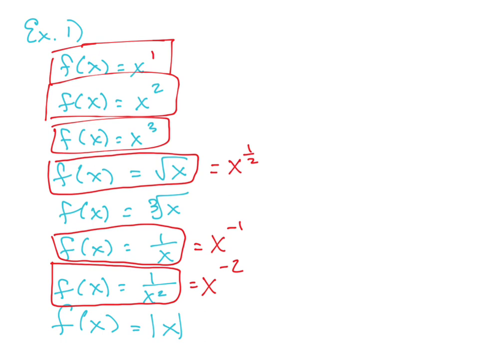It could be written as a power. How about the cubed root of x? X to the 1/3. Perfect. Yeah, that's a power. So actually, all of these except absolute value of x could be written as power functions. Cool. Any questions on that?